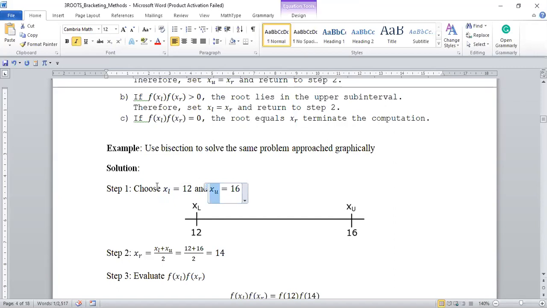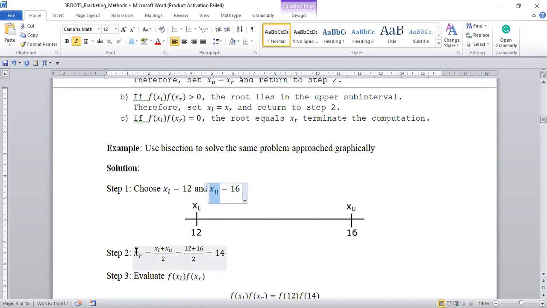These you are going to be given, and if you are not given, you would have to guess on your own. You guess in a way that the value of the function at the lower limit times the value of the function at the upper limit is less than zero. So we are sure that the root is between these points, but we don't know the exact point.